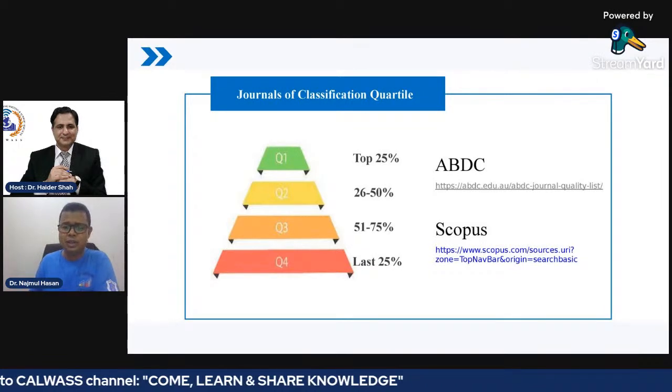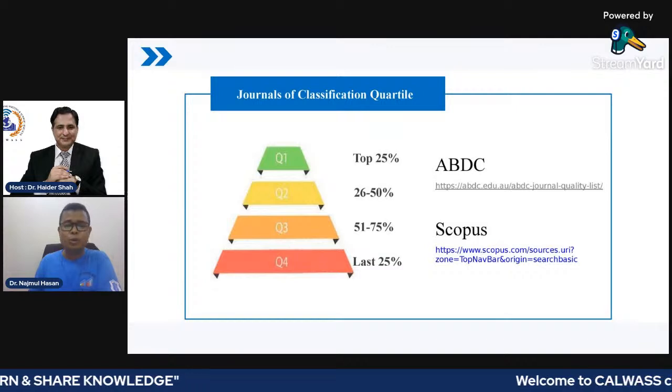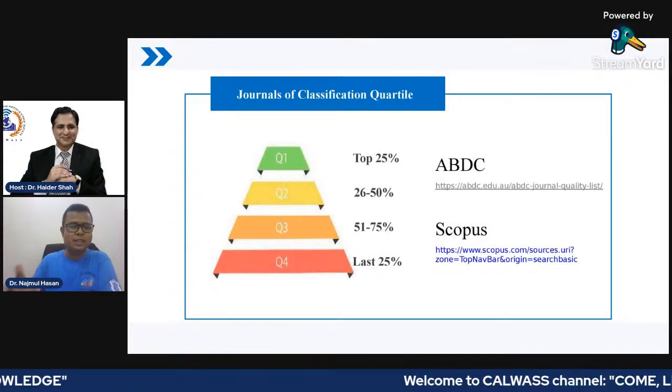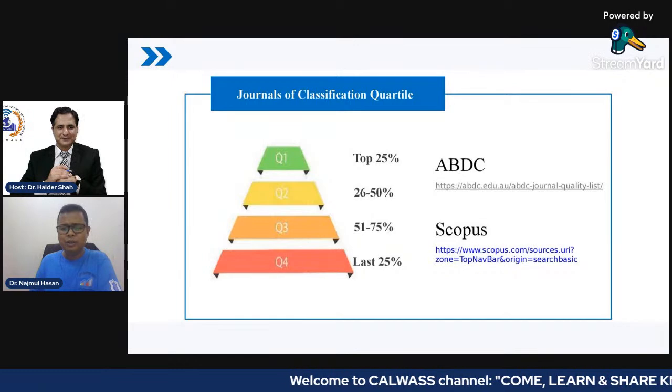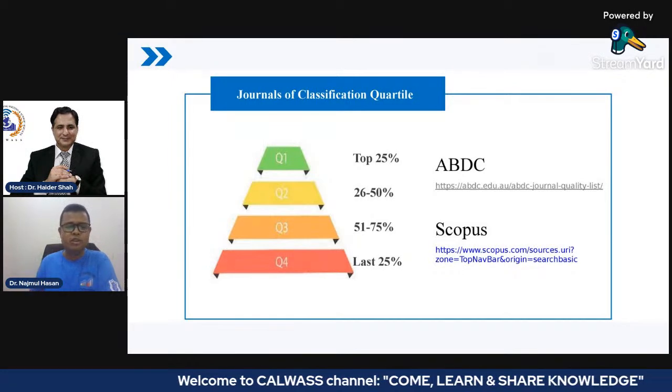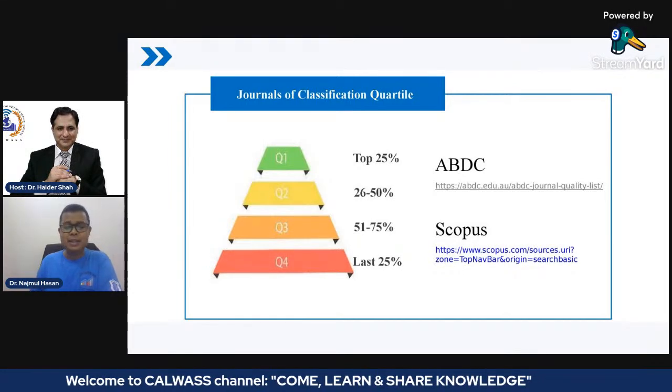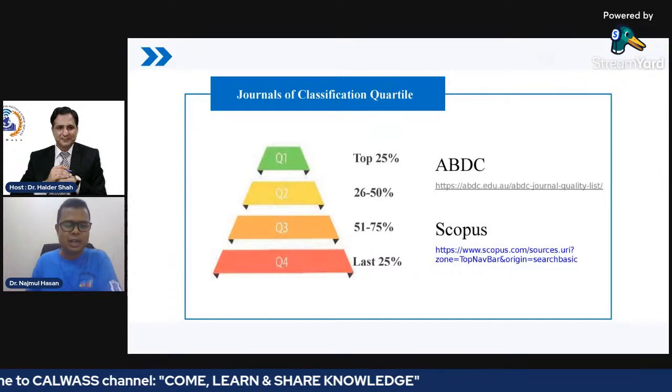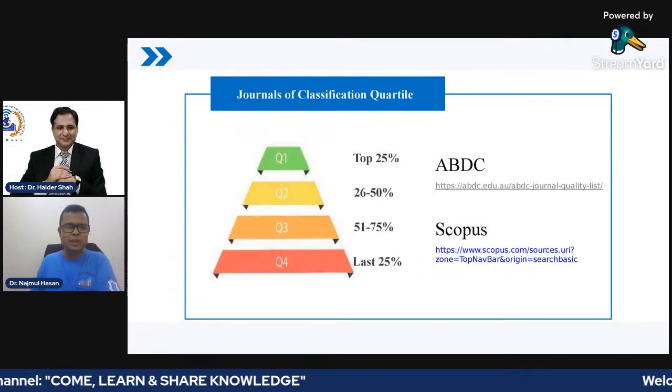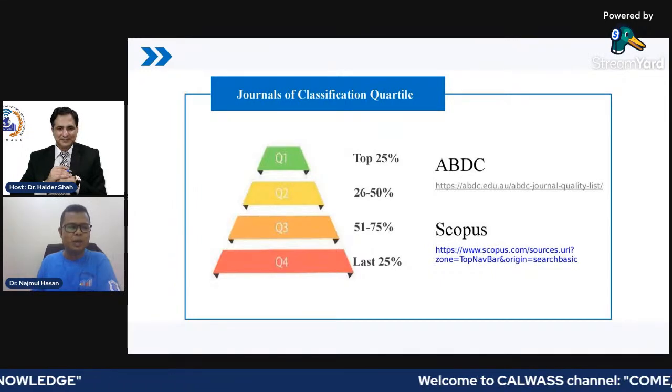If you live in Australia, or if you're a scholar in Australia, then you can follow the ABDC ranking, the Australian Business Deans Council's ranking, right? On the other hand, globally or worldwide, the Scopus ranking is renowned. Or in some cases, if you think about the Asian or American perspective, you can think about the JCR, I mean Journal Citation Reports, from Clarivate, right?